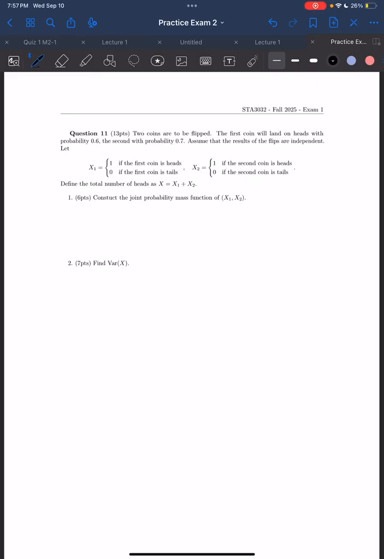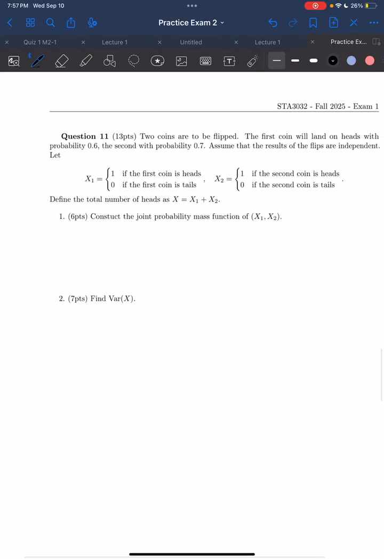Our first question says that 2 coins are to be flipped, and the first coin will land on heads with a probability of 0.6, and the second with a probability of 0.7. Assume that the results of the flips are independent.